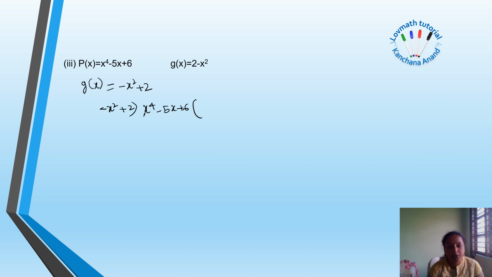To divide this p of x, let us multiply this g of x by minus x square. So therefore minus x square into minus x square becomes plus x to the power of 4 and minus x square into 2 becomes minus 2x square. Now let us subtract this.